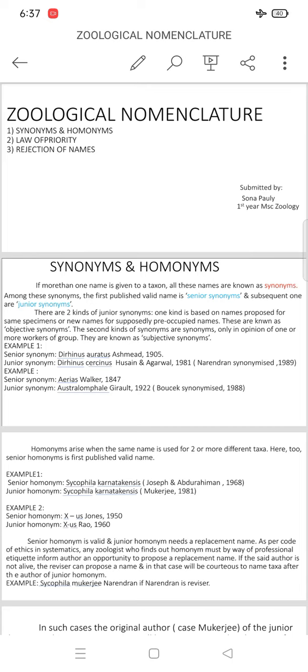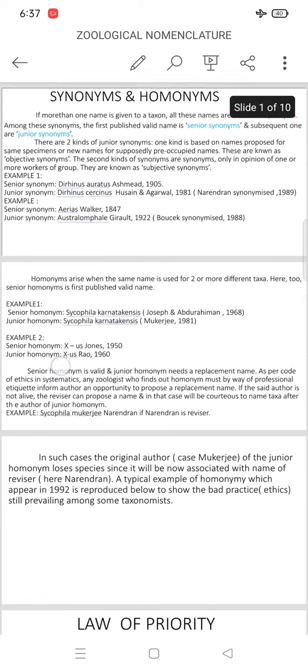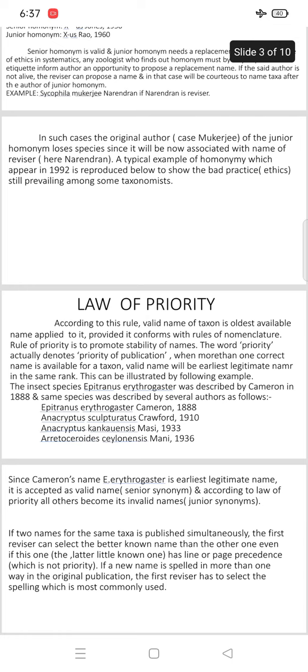So that is called Xylophila Mukherjee Narendran, if Narendran is a revisor. In such cases, the original author, in this case Mukherjee, of the junior homonym, since it will now be associated with the name of the revisor, here Narendran. For example, here we have said Xylophila Mukherjee Narendran.